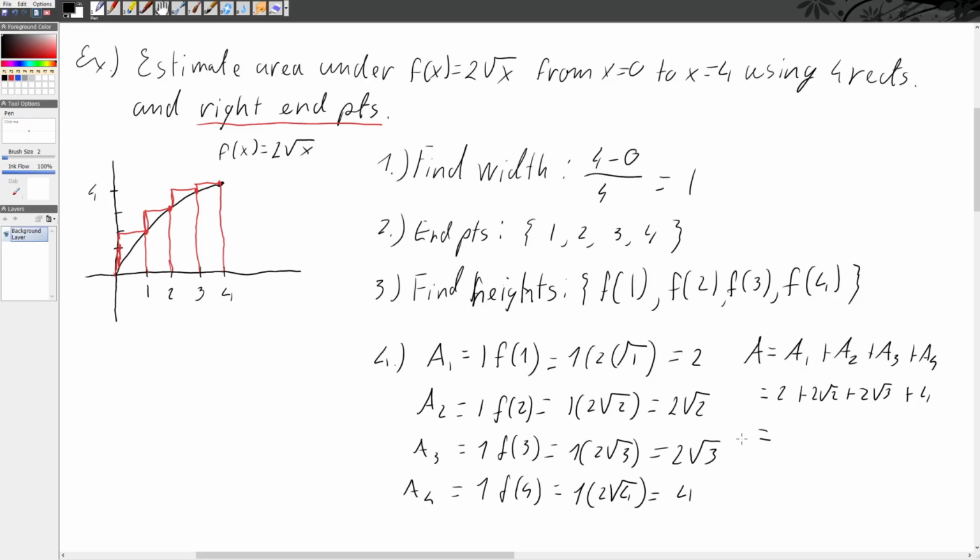At this point, you would put everything into the calculator and estimate. After you put everything into the calculator, the answer is going to be approximately 12.2925.